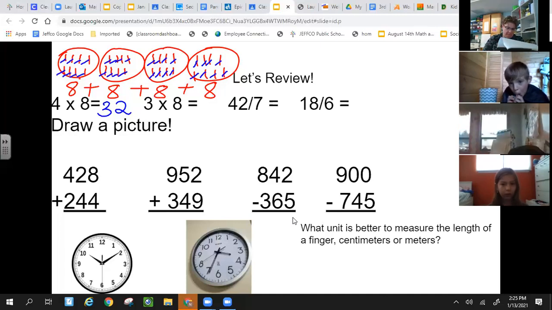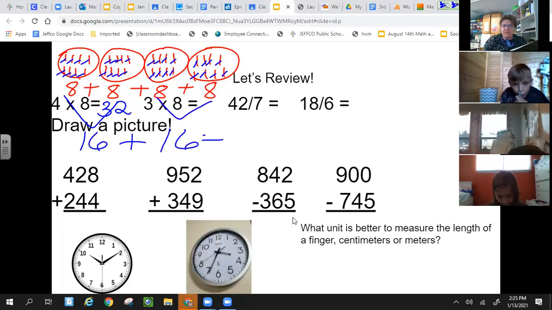That's a great strategy. Thank you for sharing that. So if you didn't understand what she said, she did 8 plus 8 is 16, 8 plus 8 is 16, and 16 plus 16 is 32. And you might have to stack that, right, to make sure you get the right answer.